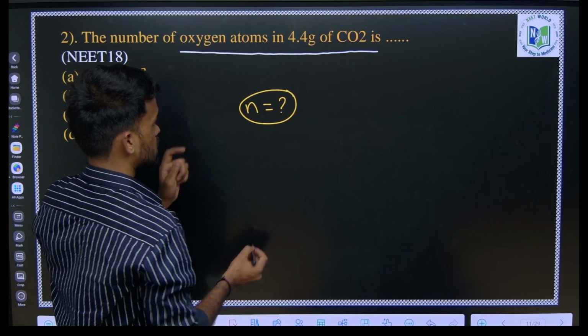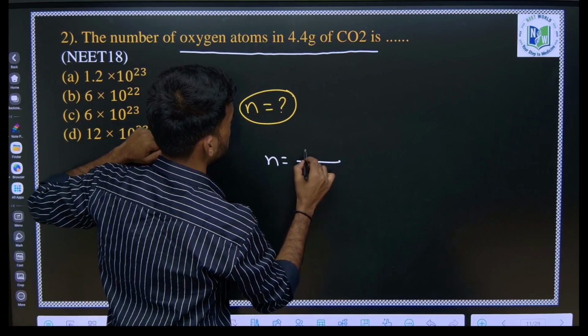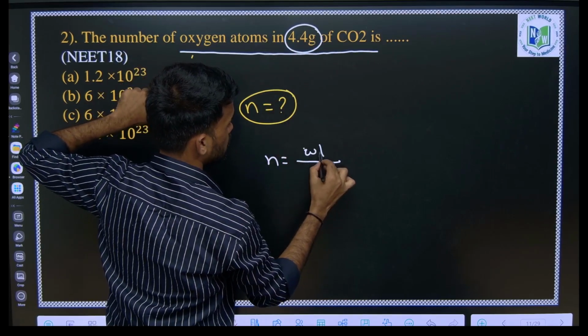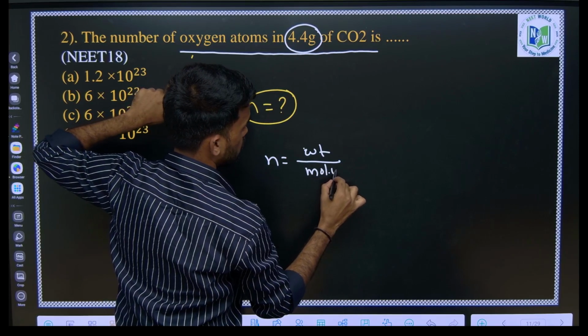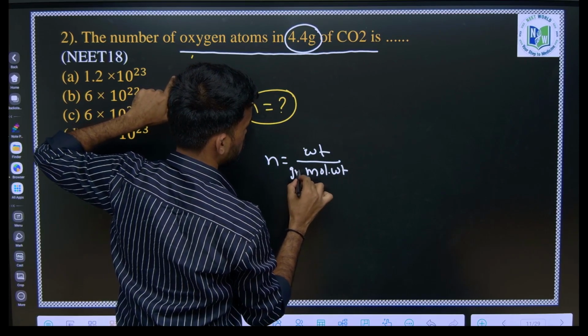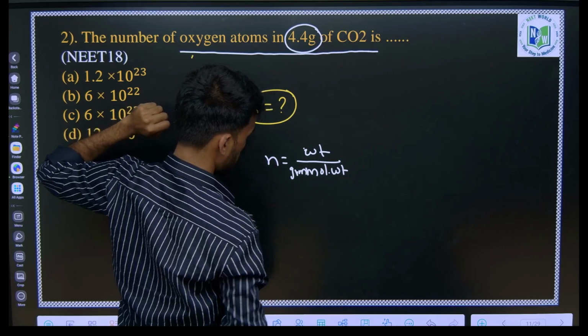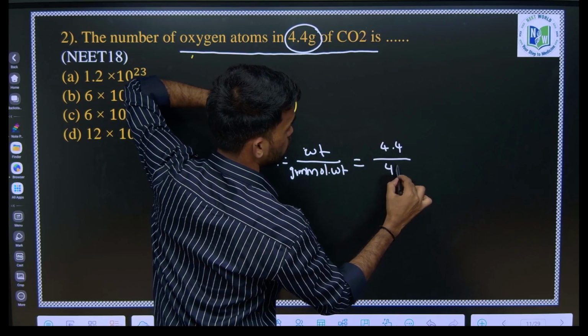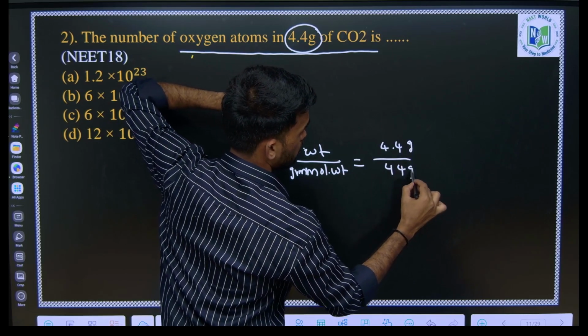Okay, so let us say n equals, what is the formula? Given weight by gram molecular weight. Now given weight is 4.4 and gram molecular weight is 44 gram per mole.